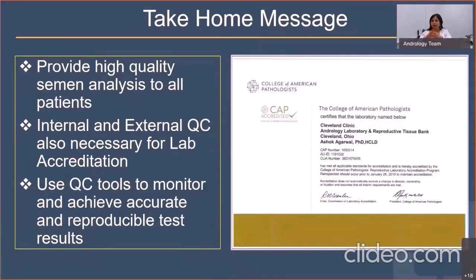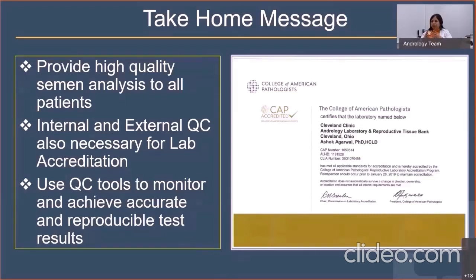So overall, the take-home message is to employ quality control within the male infertility evaluation to provide a high-quality semen analysis to all patients as well as the physicians. And so the physicians are confident of your results and can use it for diagnostic and therapeutic purposes to help the male infertility population group that they are seeing.